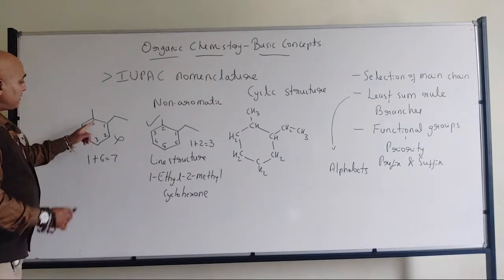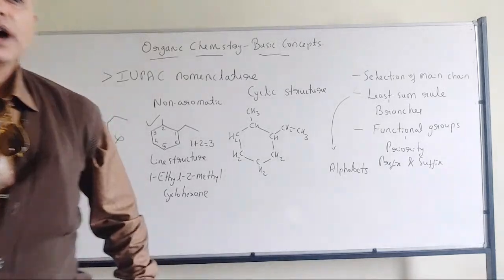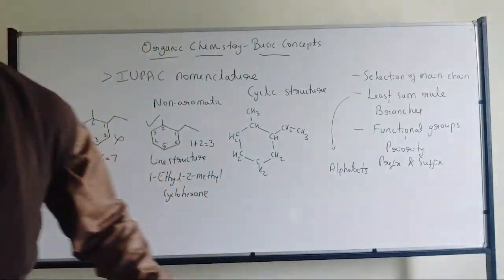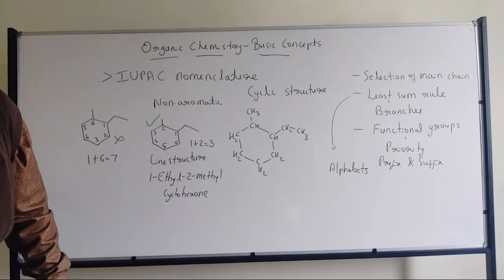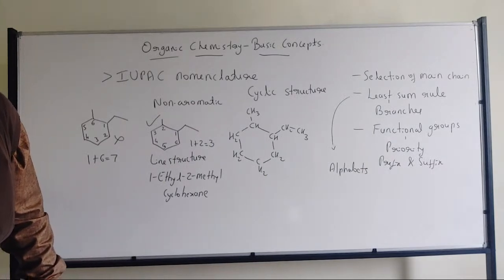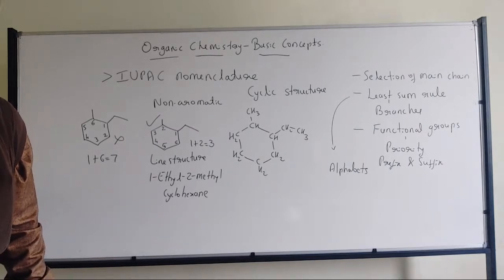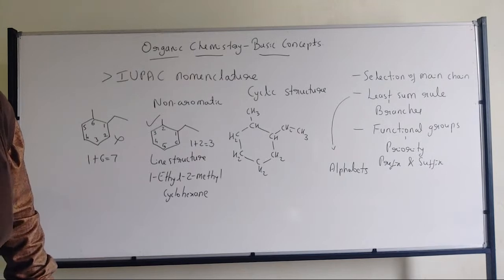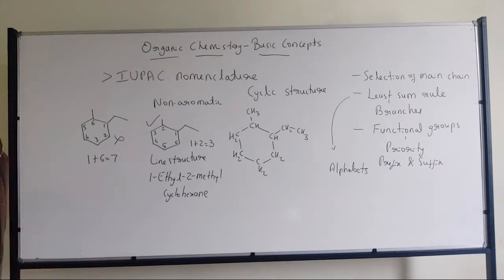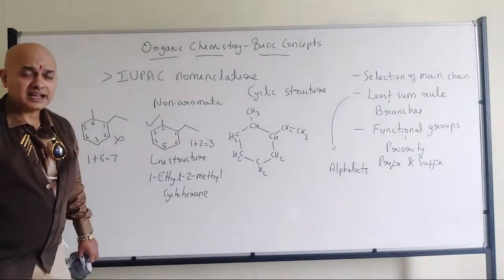We have to follow the least sum rule with respect to branches and also with respect to substituents. When I am talking about a cyclic structure, we can call them substituents. All of you have understood? Any doubt? We have taken the parent molecule as cyclohexane because 6 carbons are there in its structure, compared to 2 with respect to ethyl and 1 with respect to methyl.